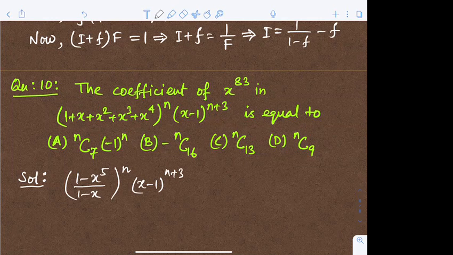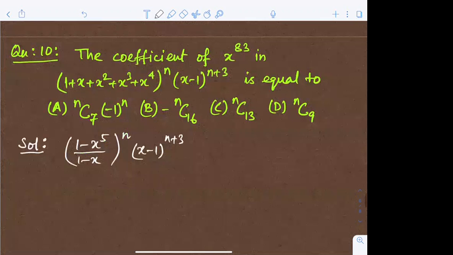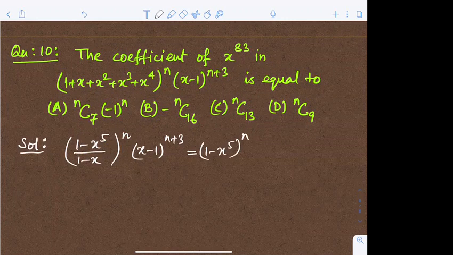Now, n plus 3 is even or odd? You don't know that, no? Okay, that will depend on the value of n. So this one, (1 minus x power 5) whole to the power n, and then this denominator (1 minus x) whole power n, here (x minus 1) whole power n, that will be cancelled, and we will get (1 minus x) whole to the power 3.